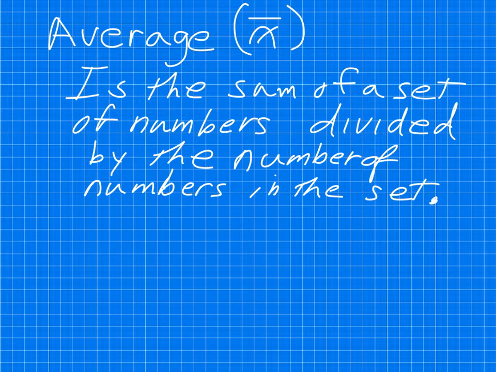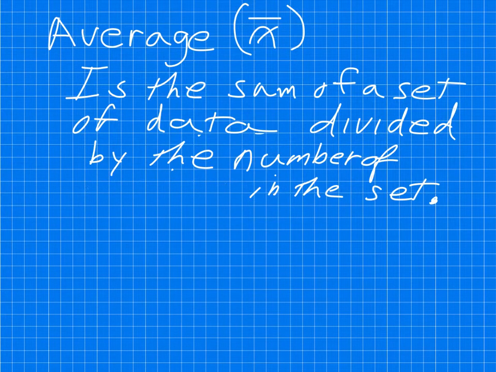Let's actually do that. The average is the sum of a set of data divided by the number of data points in the set.